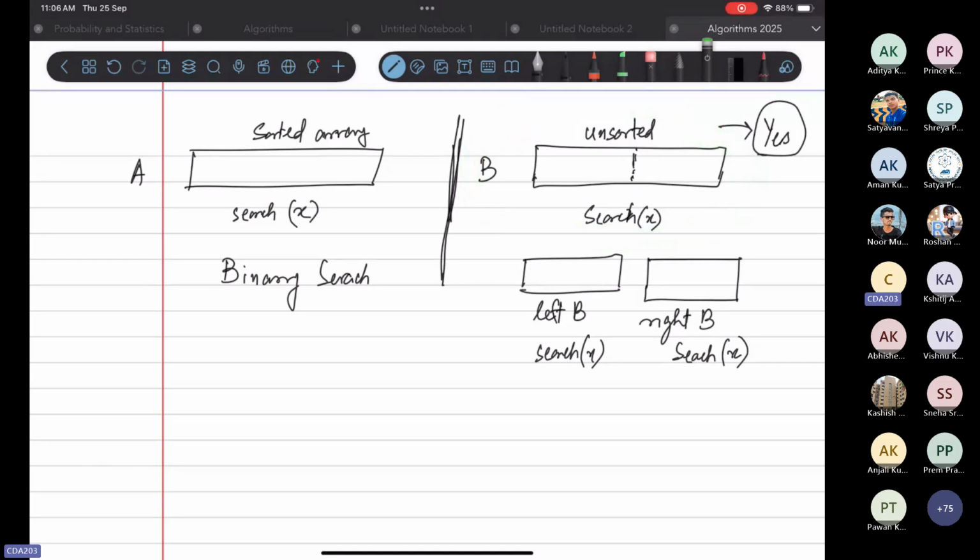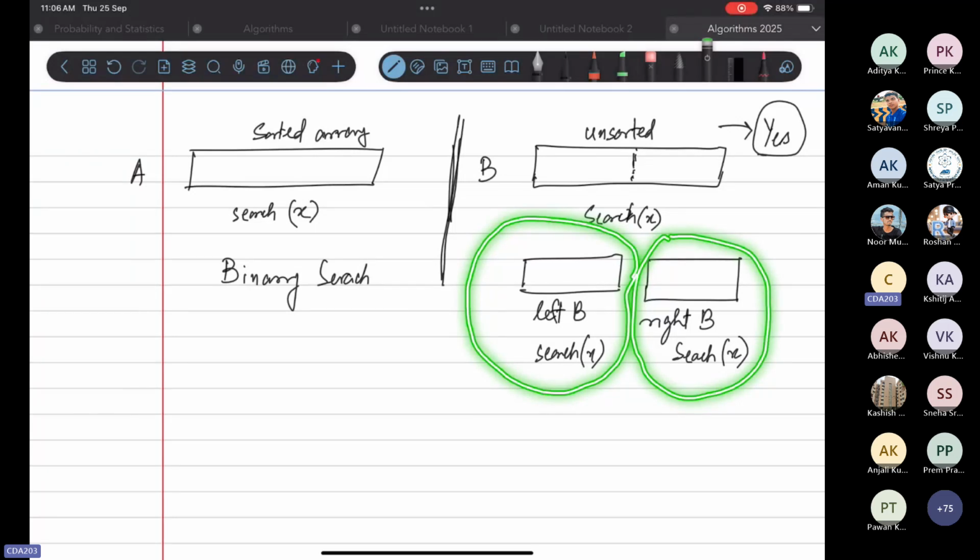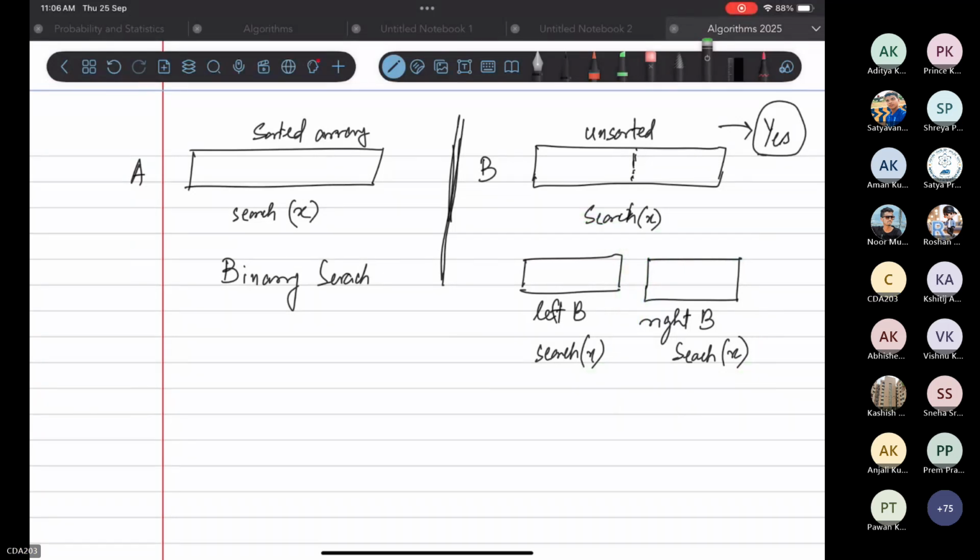It would be yes when either this or this has a yes answer. It's saying X is present in the left part or X is present in the right part.